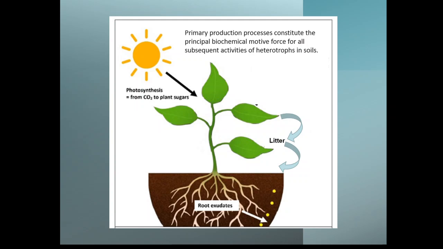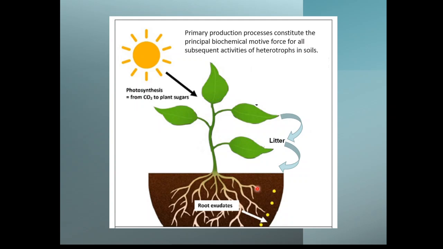The input of carbon into the soil comes from two directions. First is from above ground onto the soil surface, which is the leaf litter. Leaves drop to the soil and provide carbon to the soil as part of primary production.